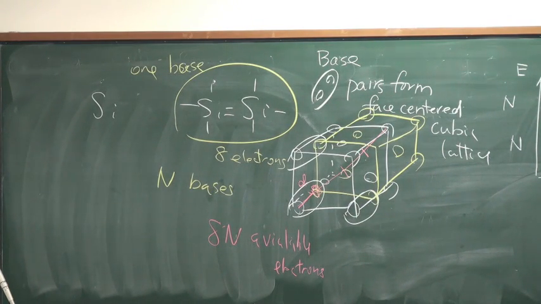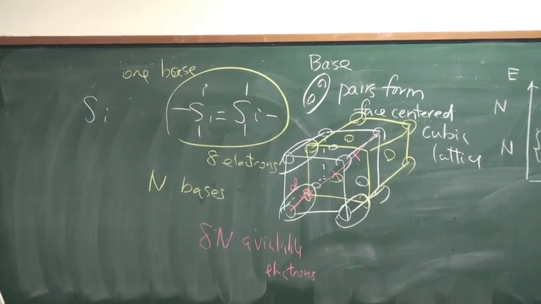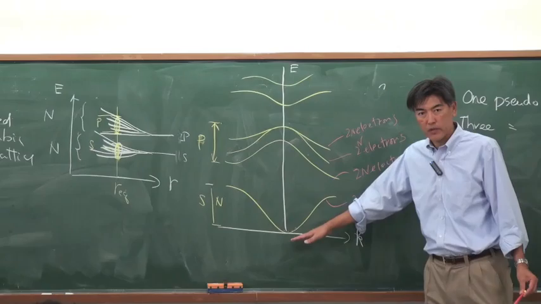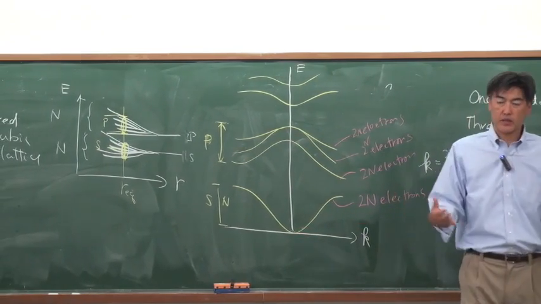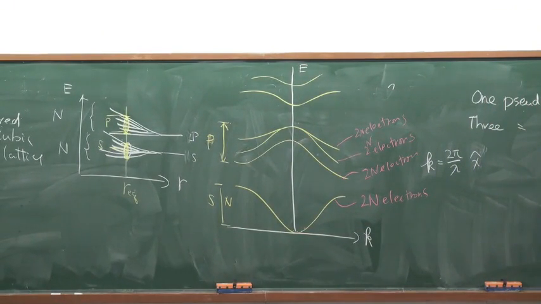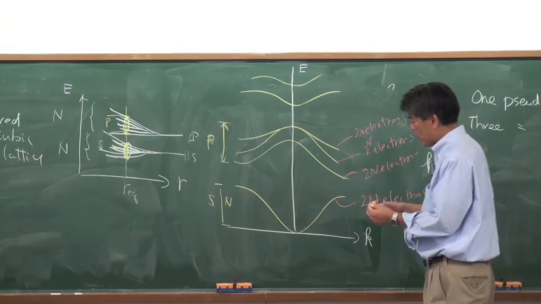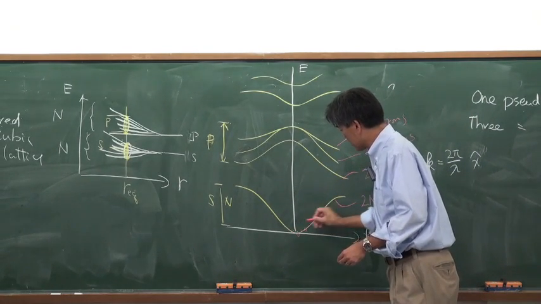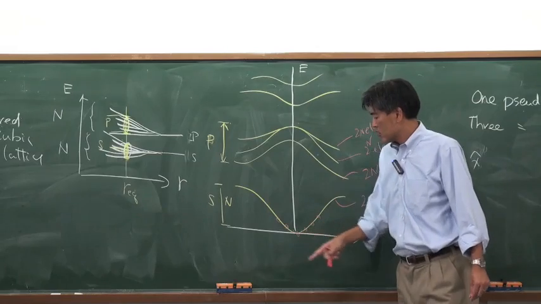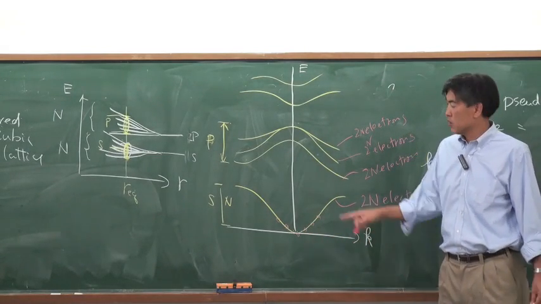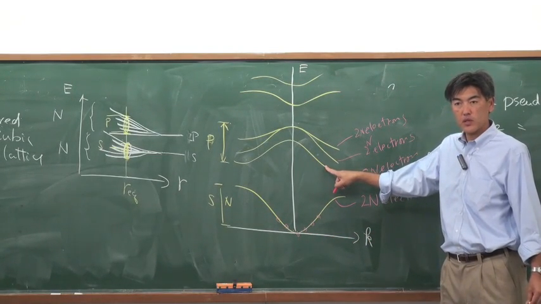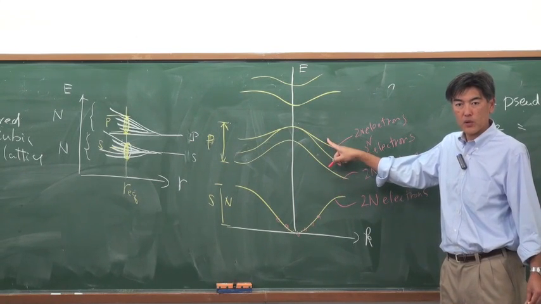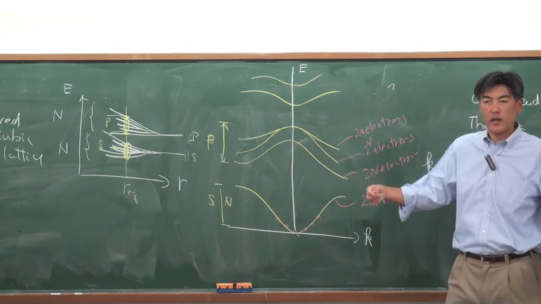And such 8N electrons try to fill the states from the bottom of the energy band, because electrons want to minimize the energy, right? So this is why 2n electrons go into this band, 2n electrons go into this band, 2n electrons go into this band, 2n electrons go into this band, and then we run out of electrons.